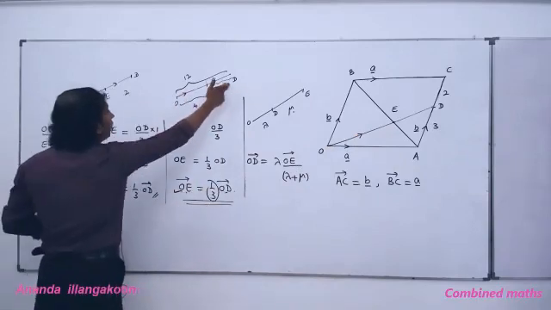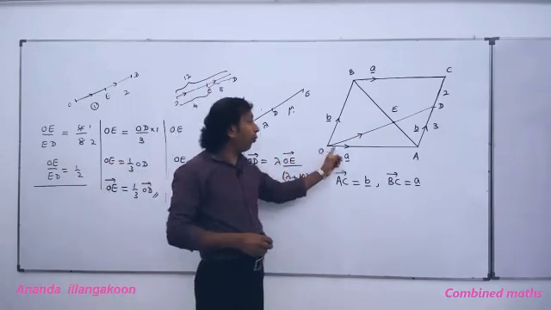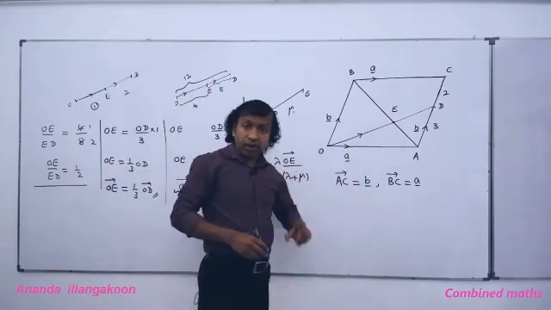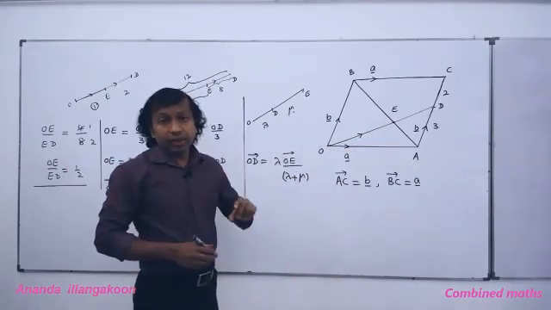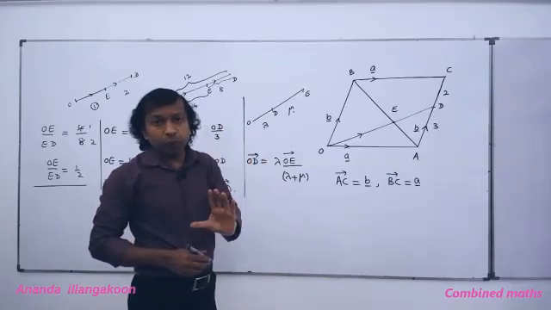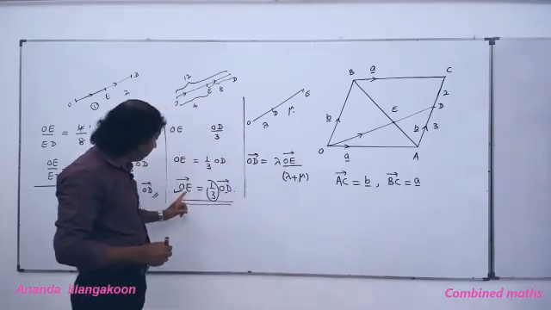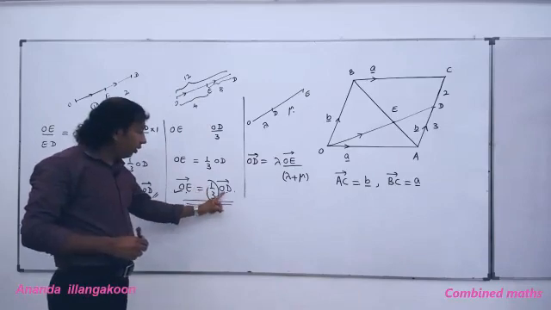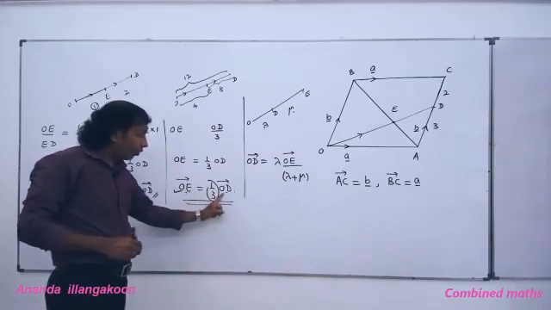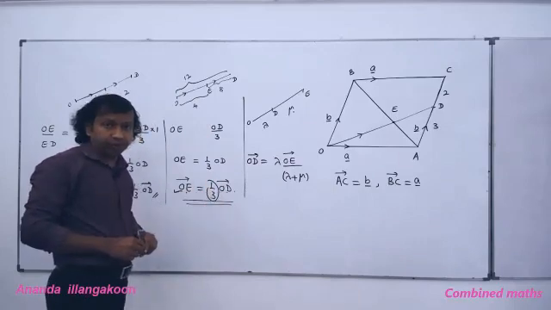OE and OD are on the same line. So according to this diagram, I can write OE vector as a multiple of OD. That means by multiplying OD by a value, we can obtain OE vector. That's a very obvious thing. Understand? Like here, I did OE is 1/3 OD. Then to get this OE vector from this OD vector, it should be multiplied by 1/3.